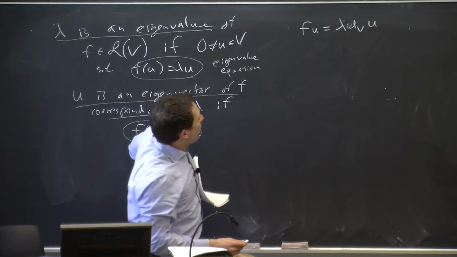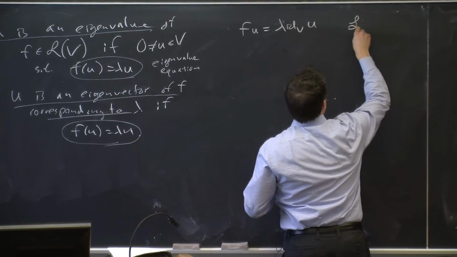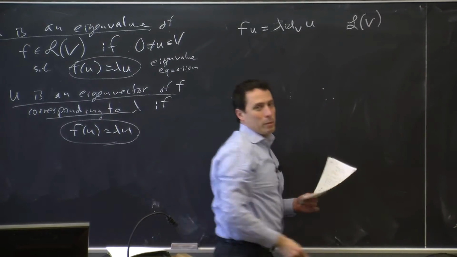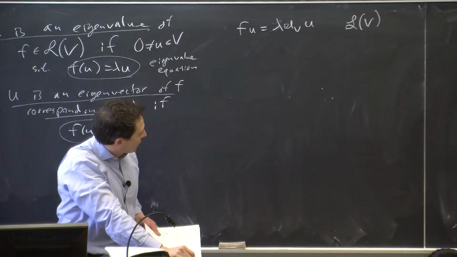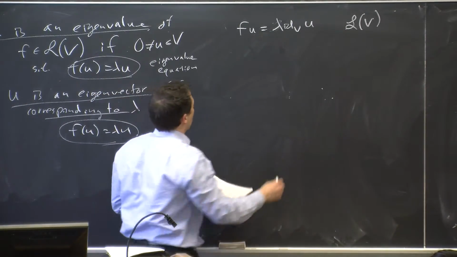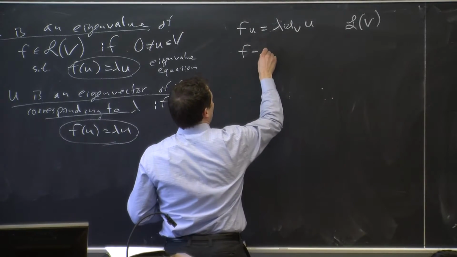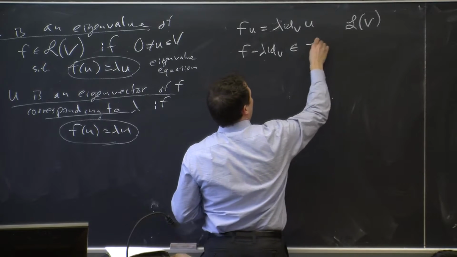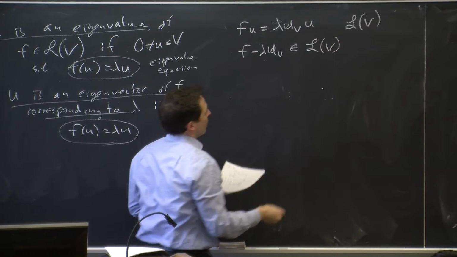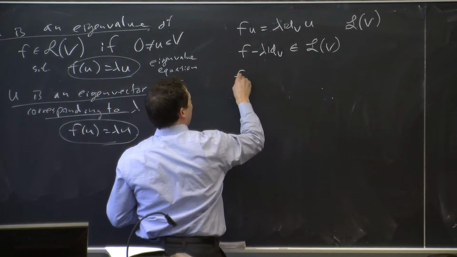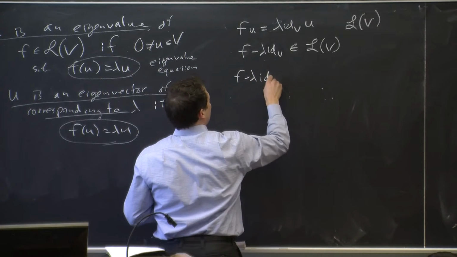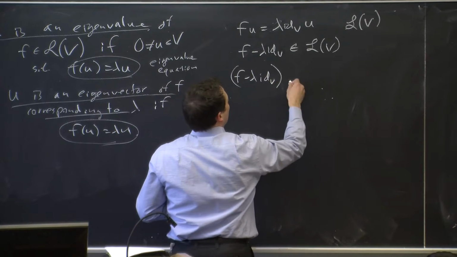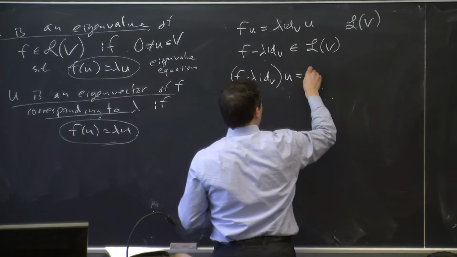And we argued that the space of linear transformations from a vector space to itself is itself a vector space. I can add and subtract. And so I can construct a linear transformation f minus lambda id v. That's another perfectly good linear transformation. And another way of stating the eigenvalue equation is then that f minus lambda id v times u equals the zero vector.